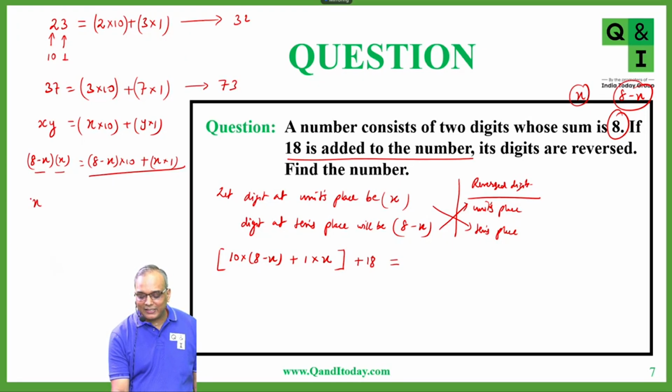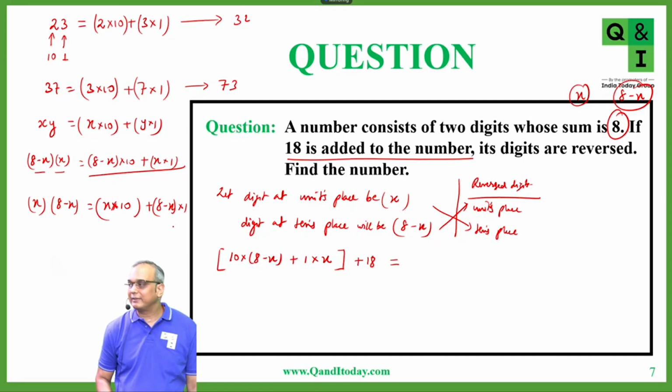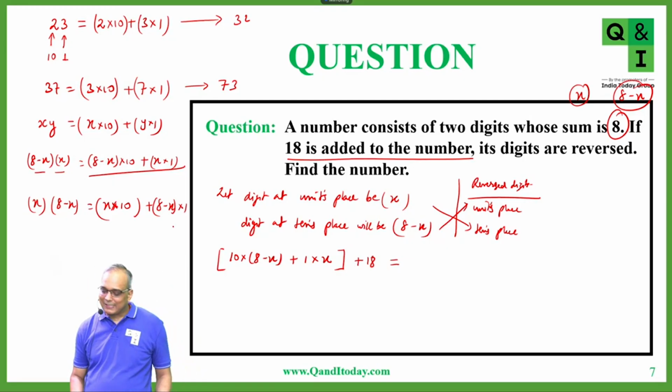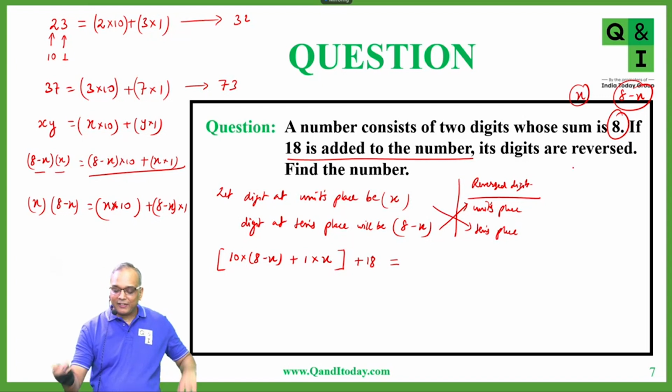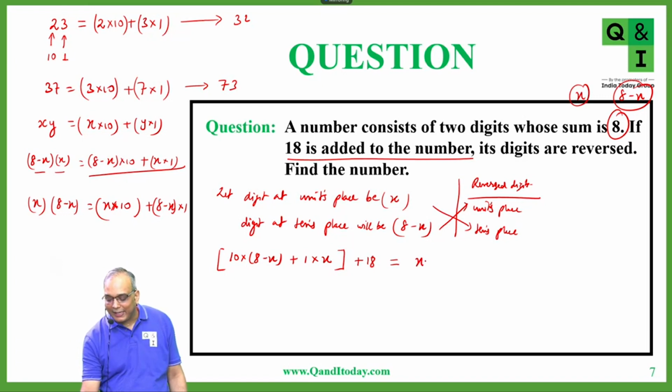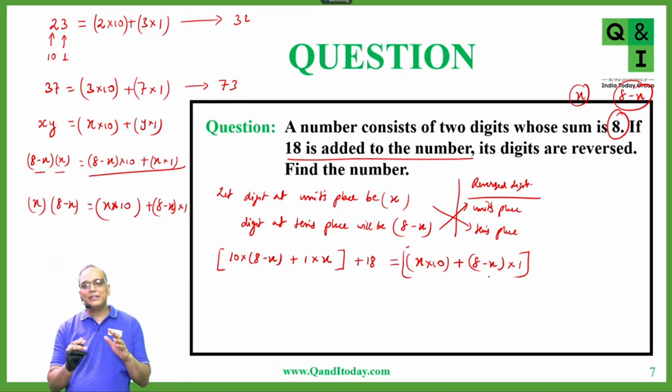And here when the digits reverse, it will become x and 8 minus x. So x is now at tens place, so we'll multiply it by 10, and 8 minus x is at ones place, we'll multiply it by 1. Is this clear? Yes, sir. So the number with reversed digits will become x times 10 plus 8 minus x times 1.